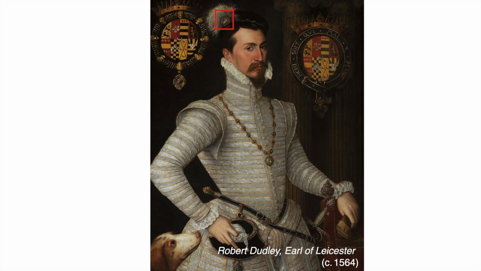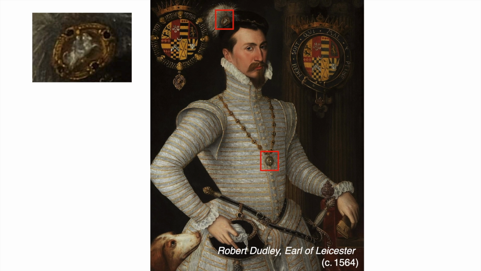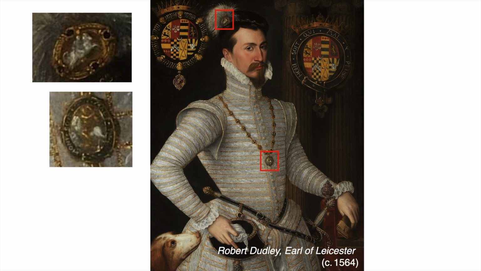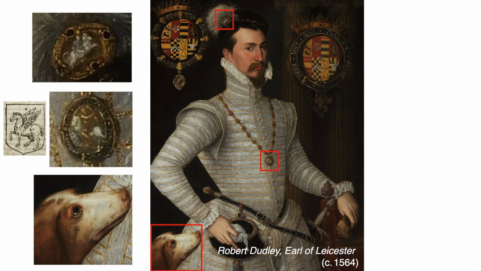Firstly, on both his brooch and his chain we have a white horse, much like the Pegasus we saw earlier. Remember, the Queen made him master of the horse immediately following her accession. You'll also see the dog below. I could also mention the shells surrounding the arms behind him and the Order of Saint Michel, but that can wait.